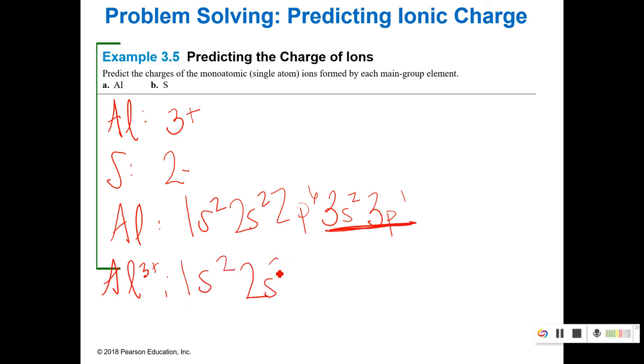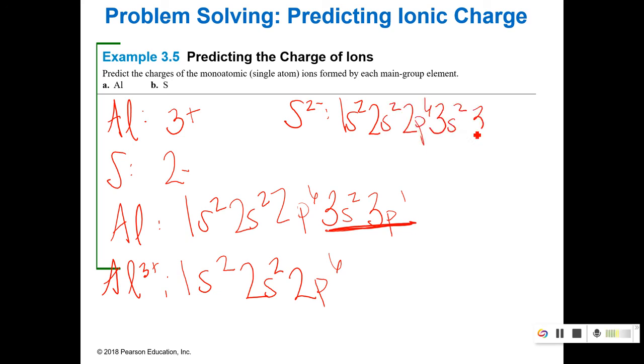So aluminum, after it's become a cation, is going to look like neon. Okay, because it lost all 3. Sulfur is going to gain 2 more. So sulfur will look like argon. 1s2, 2s2, 2p6, 3s2. And instead of being 3p4, it gained 2 extra ones. So it's going to look like 3p6.